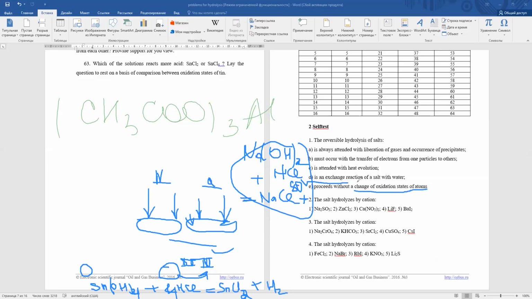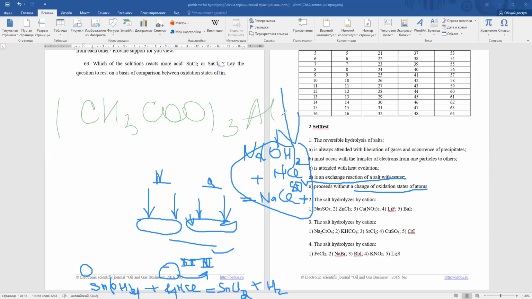And here the reversible character, it is an exchange reaction of a salt with water. If we say the reaction that proceeds without a change of oxidation states of atoms is the reversible hydrolysis of salts, we made a mistake because there are some reactions that can occur without a change of oxidation states that cannot be considered hydrolysis reactions.